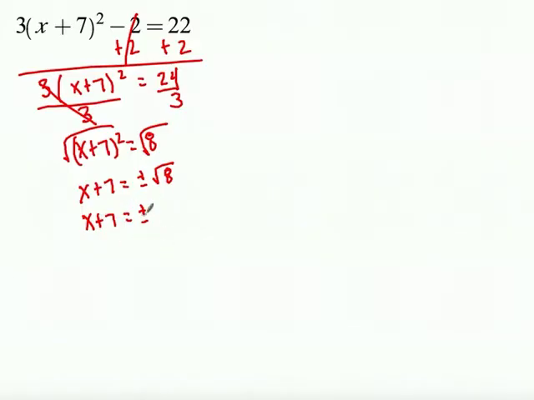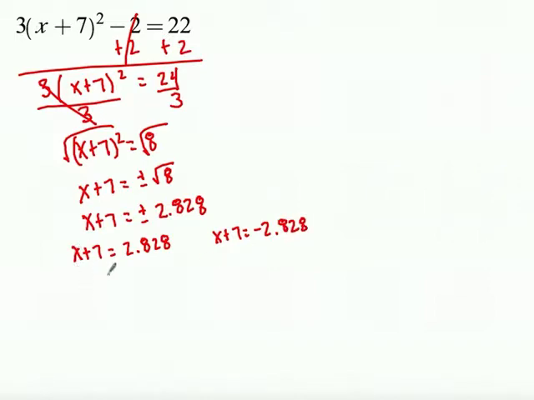So x plus 7 equals plus or minus 2.828. Because I've got this plus or minus, I've got to split this up into two parts. x plus 7 equals positive 2.828, and x plus 7 equals negative 2.828.